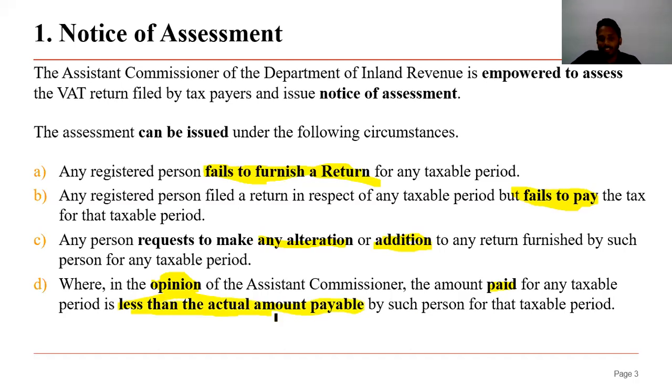Let's say your VAT paid is 24 million, but the actual amount as per the law should be 32 million. Then again you will receive an assessment for 32 million, adding that balance of 8 million, right?